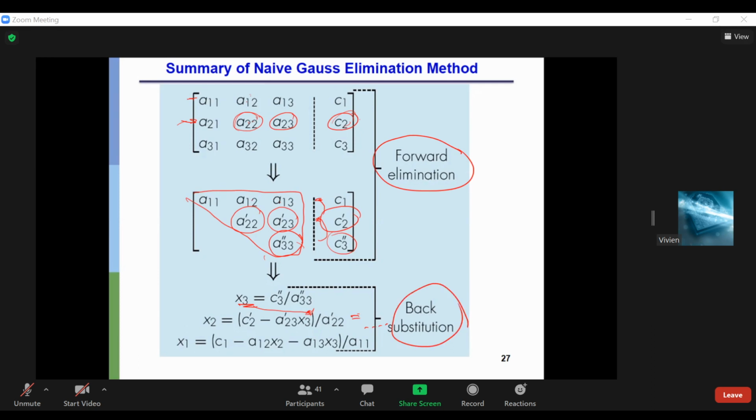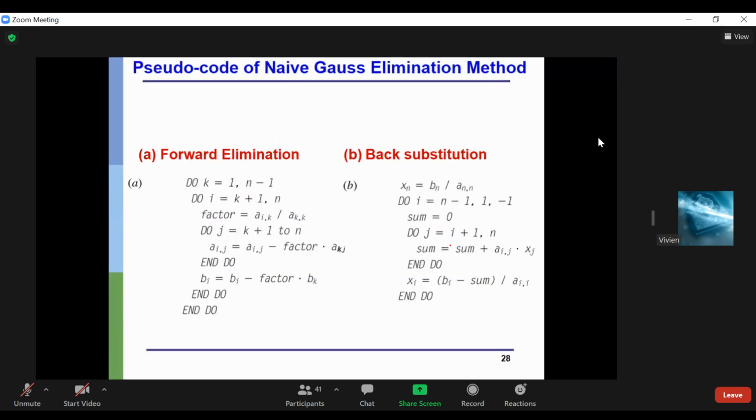Okay, so this is the Gaussian elimination method. So you see this is not difficult, yeah, and we can construct the flowchart, the algorithm, into a code, so that we can instruct the computer to do the elimination here and also the backward substitution stage.